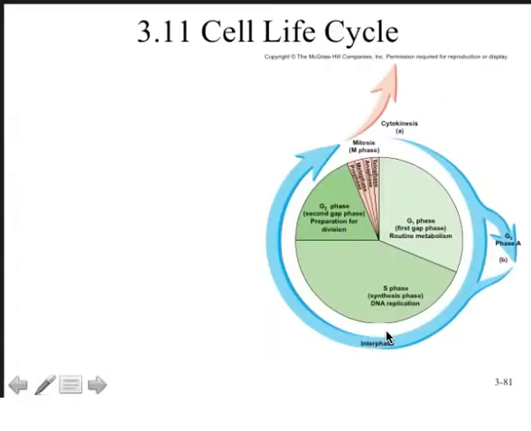Now, the cell will approach a point in its lifespan where it's time for it to go from being one cell to being two. Most of the cell's time in most tissues in the body is spent in interphase, where the cell is essentially performing its task, being part of the organism.